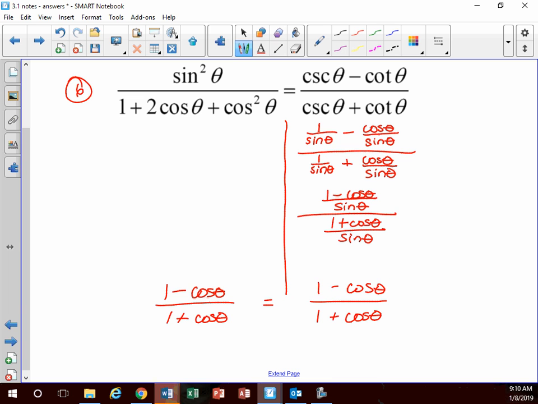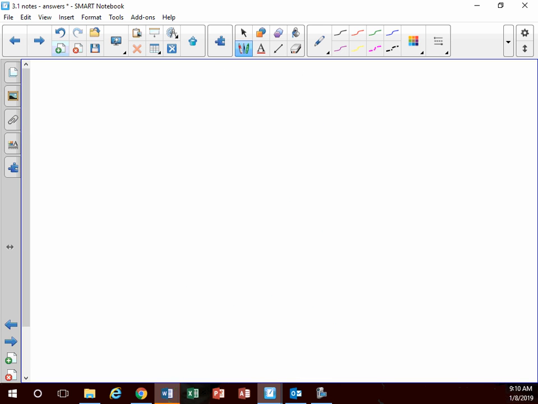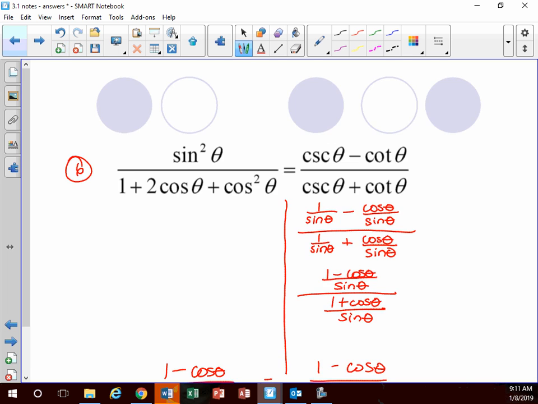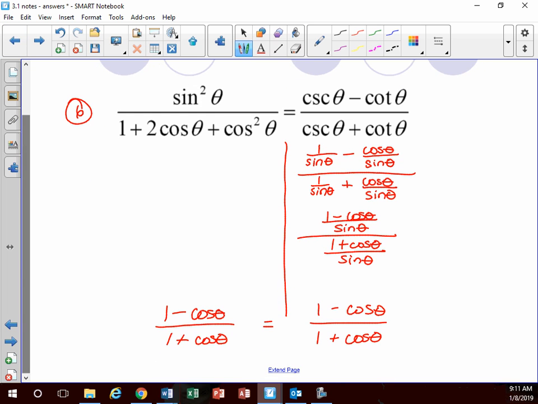Something that I realized my 6th period didn't remember very well: if you have a fraction divided by another fraction, what do you do? Yeah, flip and multiply. So this is really 2/3 times 6 over 5. That's what we're going to do here as well.